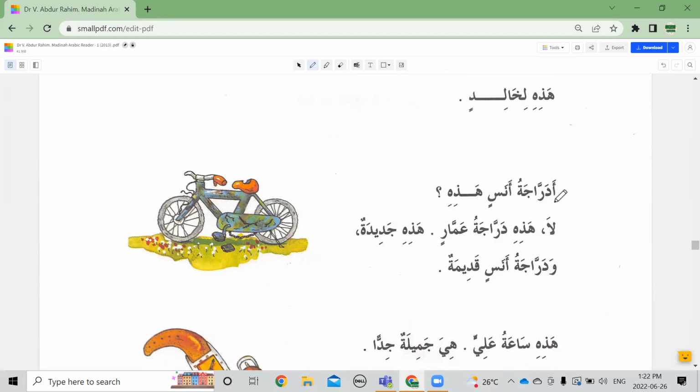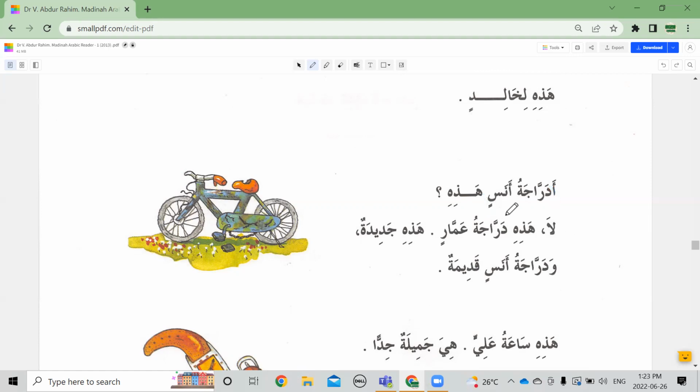A darrajatu Anasin hazihi? Is this bicycle? Bicycle, yes. Is this Anas's bicycle? So darajatu Anas is again Murakkab Idhaafi. Is this Anas's bicycle? No, la hazihi darajatu Ammarin.